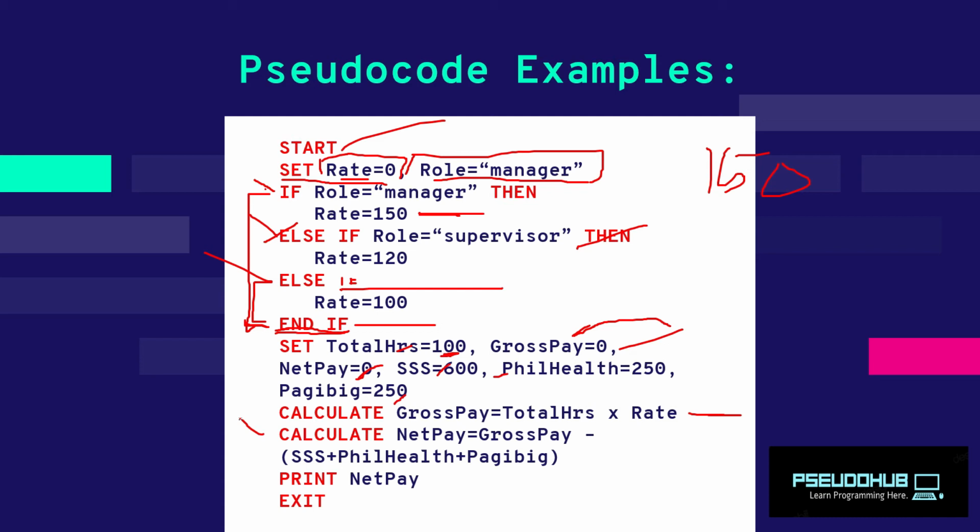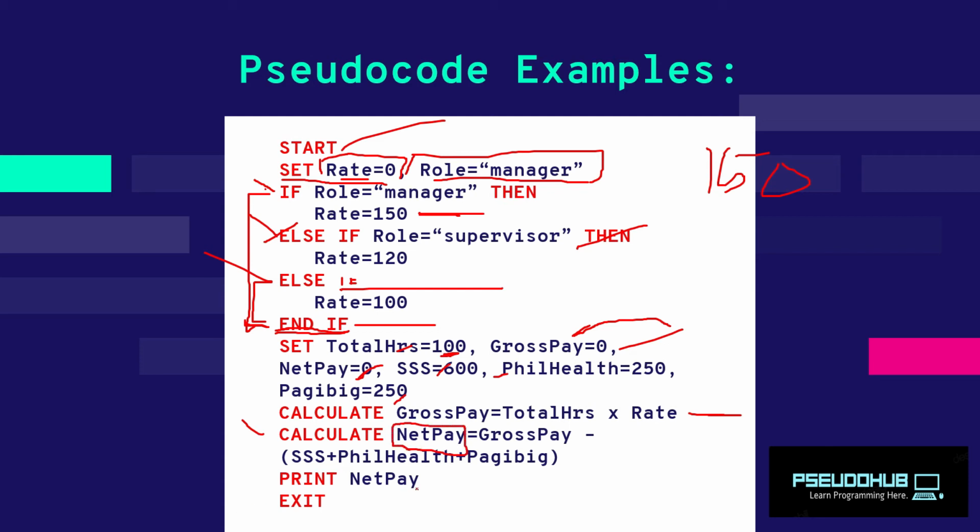So, meaning i-calculate nato ang 250 plus 250 plus 600. So meaning ang total nga deduction is 1,100. So kung i-minus nimo sa gross pay which is 15,000, ang dawaton na lang ni employee is around 13,900, di ba? So meaning ang net pay is 13,900.